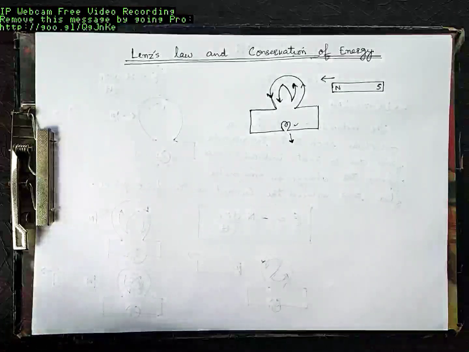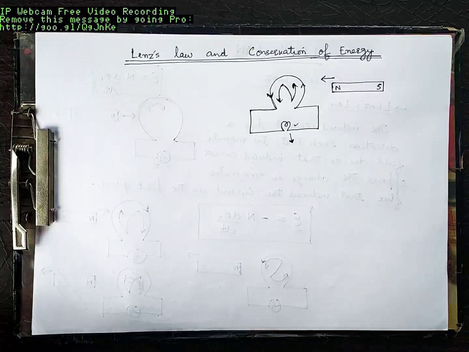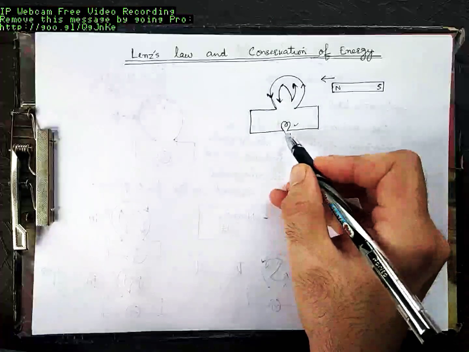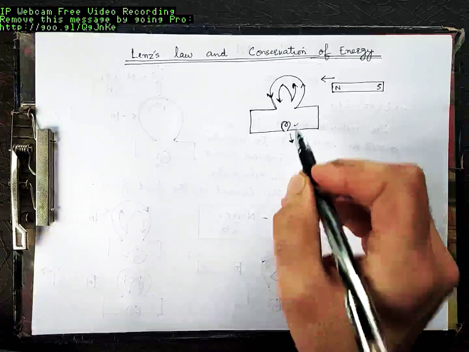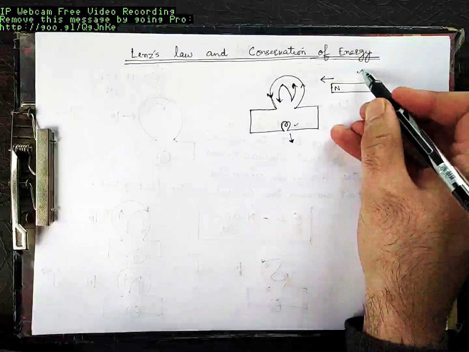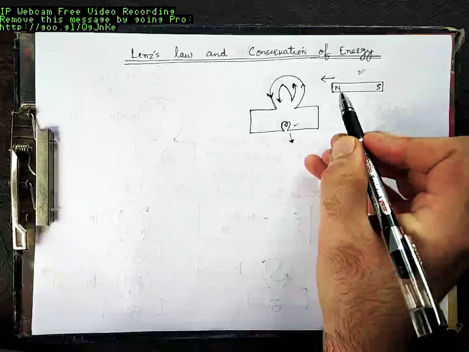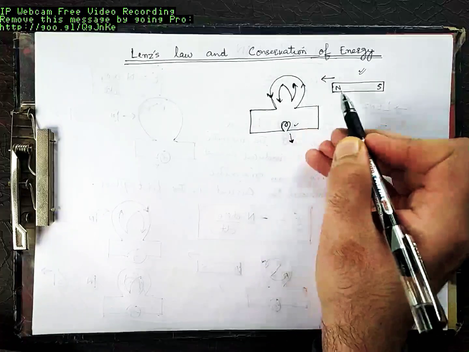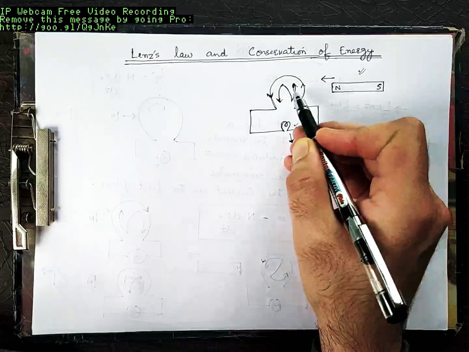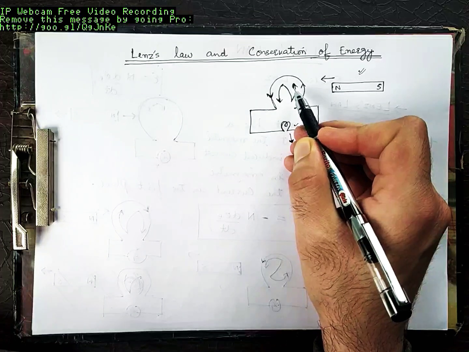Where does this electrical energy come from? This energy comes from the mechanical energy that I have spent over here. In order to move this north pole towards the coil, I have to put in some energy.